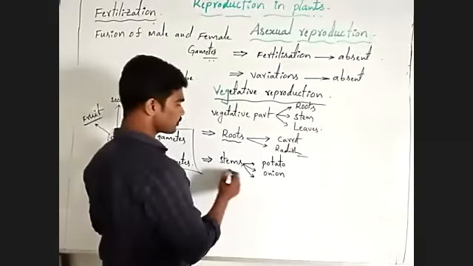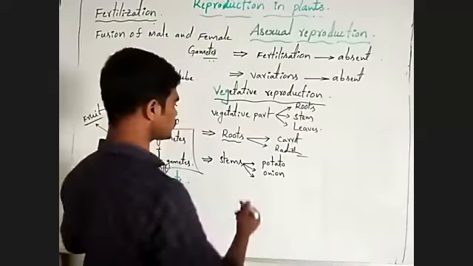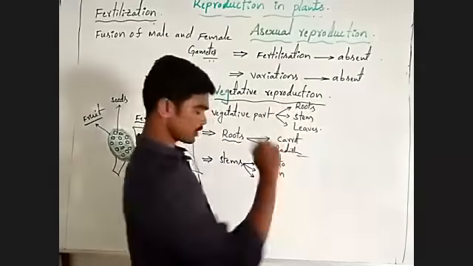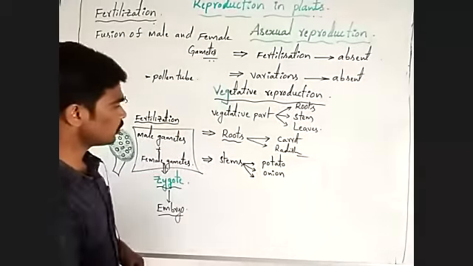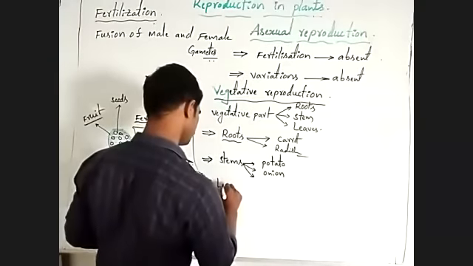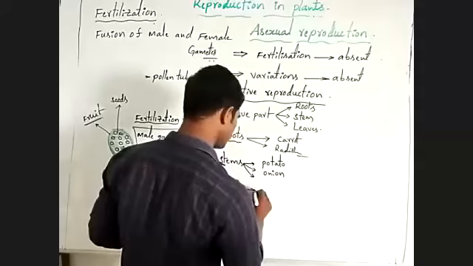Here, stems play a very important role in producing new plants. This type of reproduction is called vegetative reproduction.